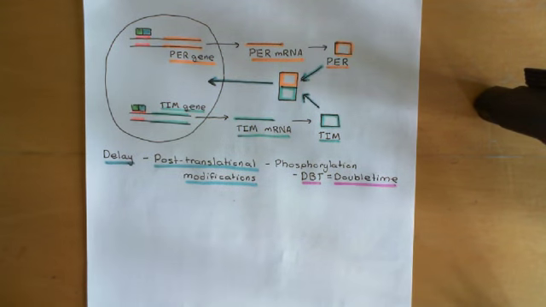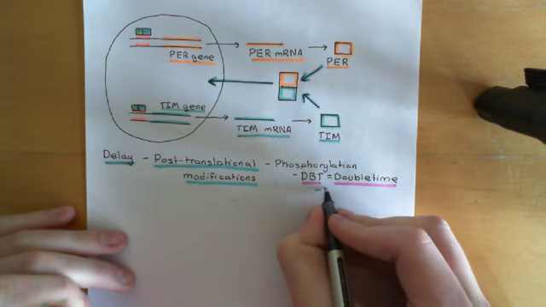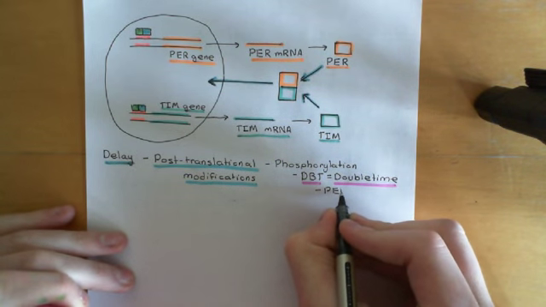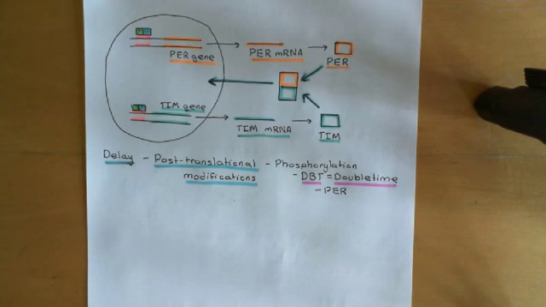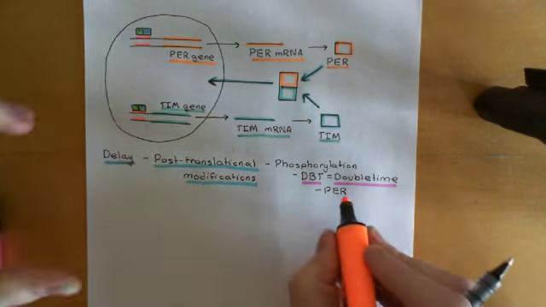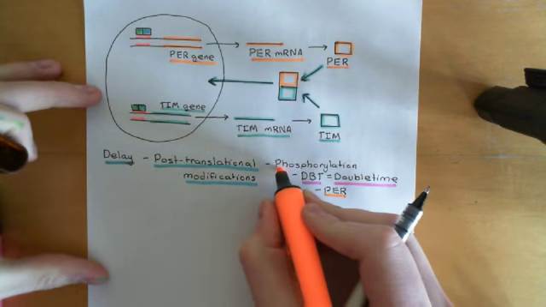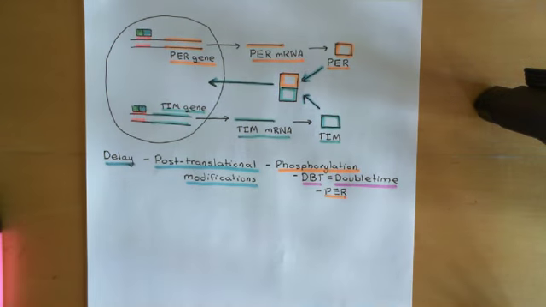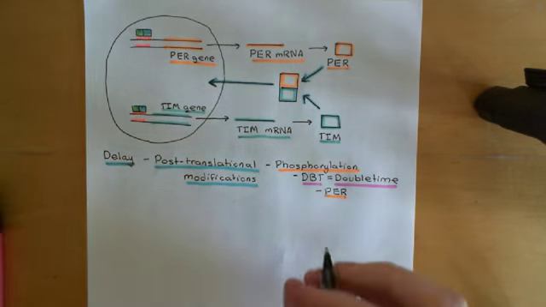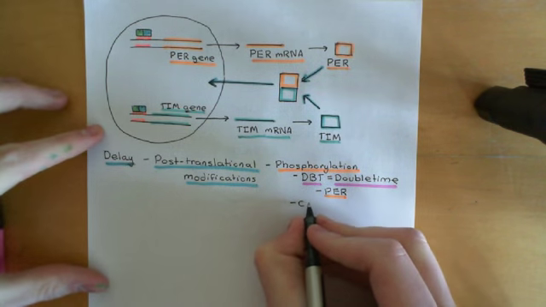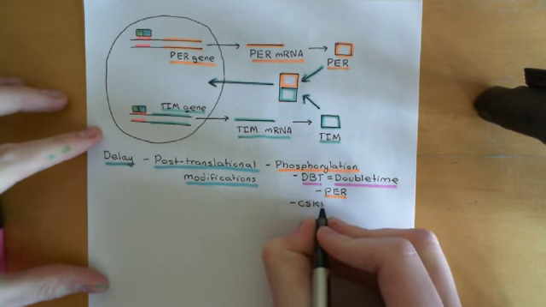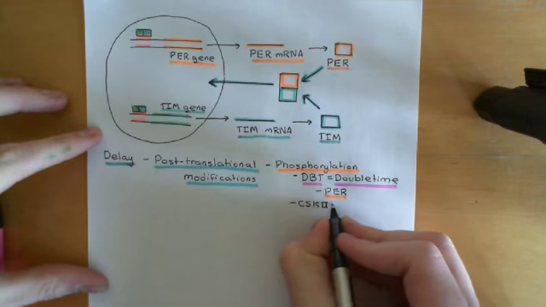So this is a period protein phosphorylating enzyme, or a kinase enzyme for the period protein. There is another enzyme which is important in phosphorylating the period protein, which is called casein kinase 2. And for short I'll abbreviate casein kinase 2 down to CSK2.